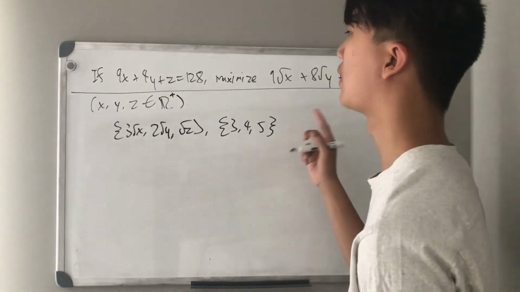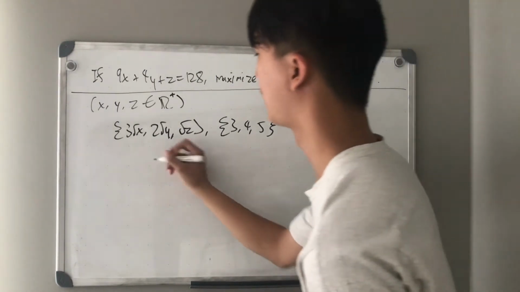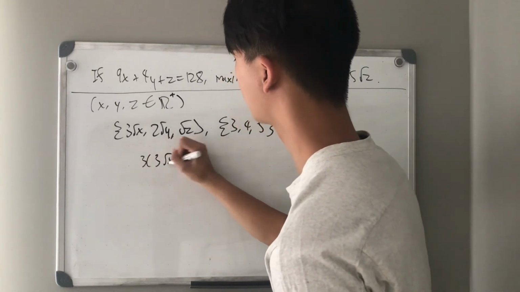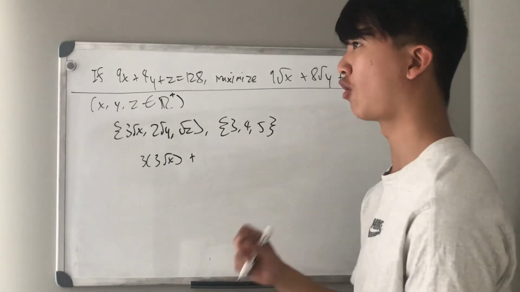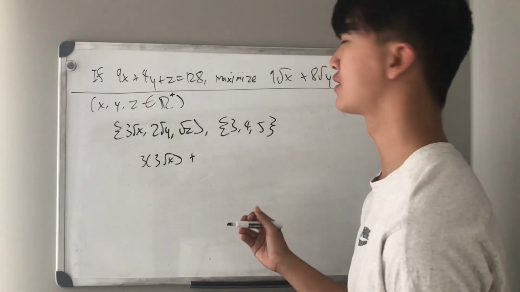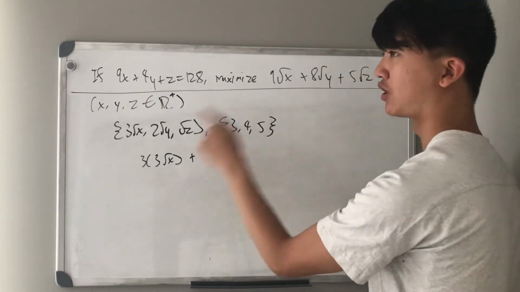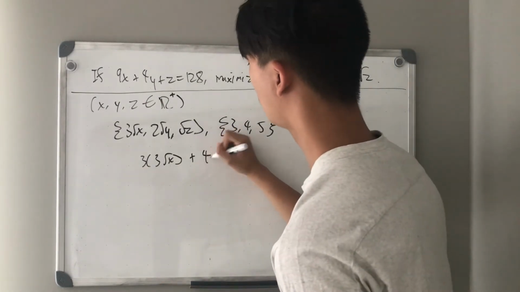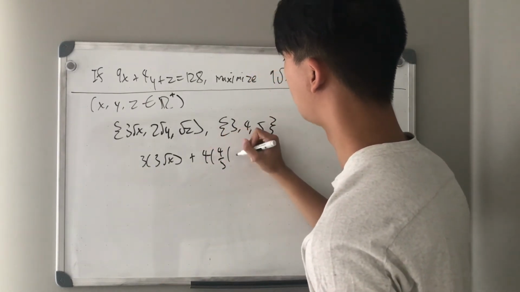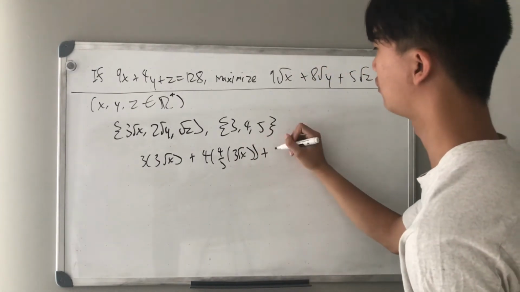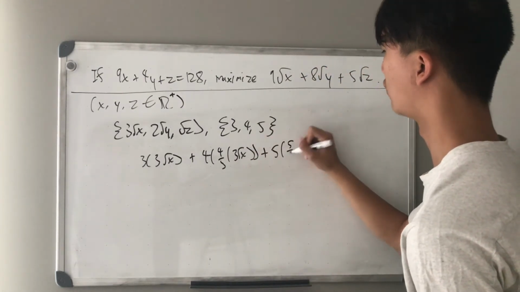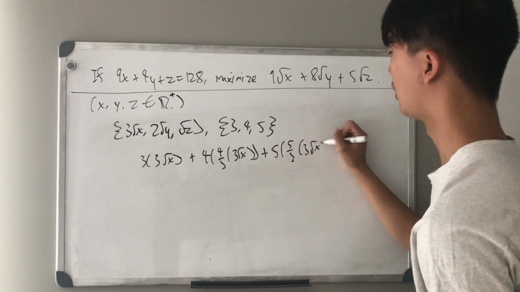So obviously 9 root x is equal to 3 root x times 3, so we have 3 times 3 root x. And then we know that 2 root y is equal to 4 over 3 times 3 root x. And then 8 root y is 4 times that, so we have 4 times 4 over 3 times 3 root x. And then applying the same logic to z, we have 5 times 5 over 3 times 3 root x.